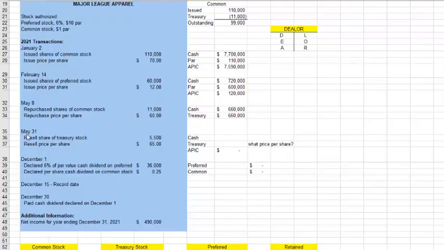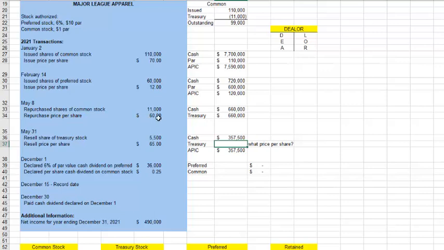Our next transaction on May 31st is with those same shares of treasury stock. We are going to resell 5,500 of them at $65. We are going to be receiving cash in this instance. So we are going to take our 5,500 shares of stock times our $65 to give us the amount of cash we're going to receive. But what did we buy those treasury stocks at? What did we value them at? We repurchased them at $60.